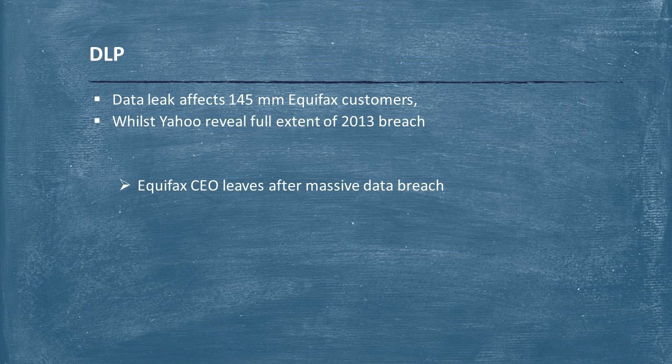First, we will take a brief look at data loss prevention, or data leak prevention. In the latest news in the papers you might have seen, a data leak affects 145 million Equifax customers. Similarly, Yahoo is also revealing the full extent of its 2013 breach.